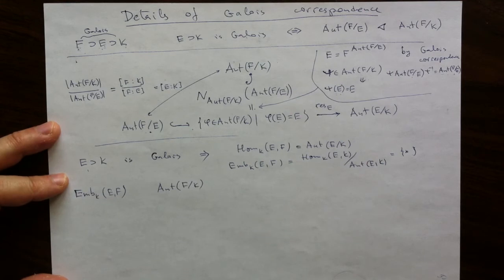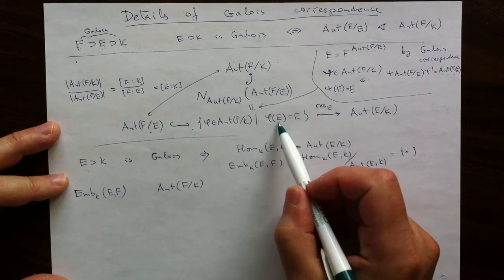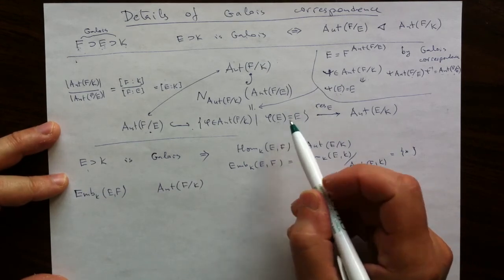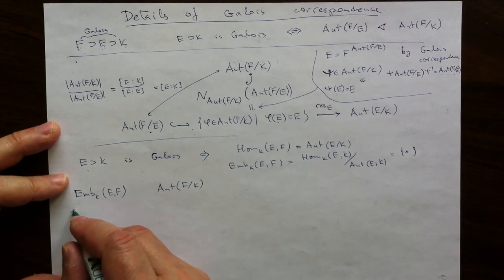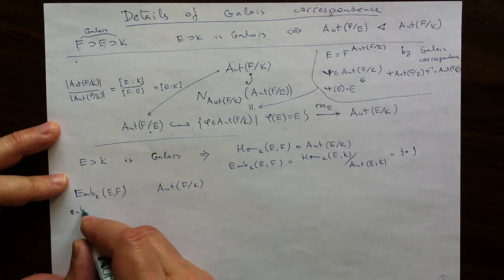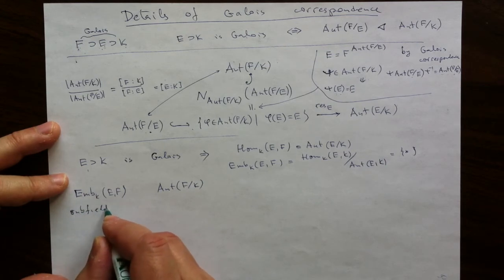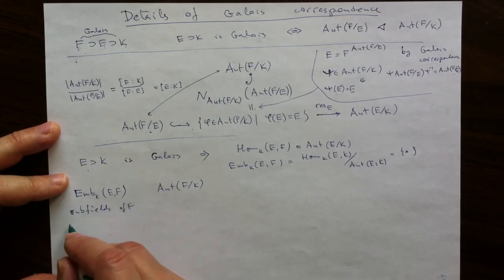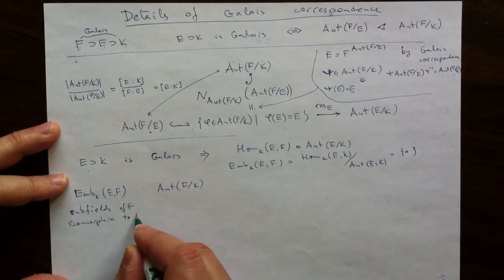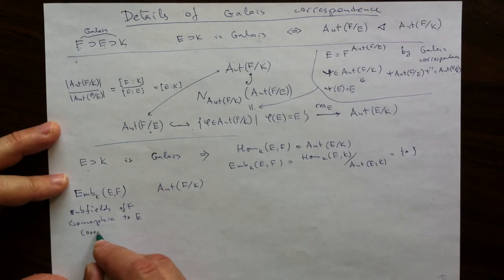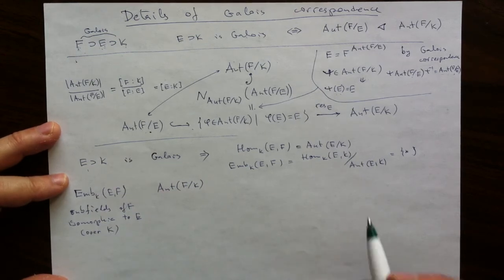And then we saw that our E is a subfield. So here the elements of this set are subfields of F isomorphic to E. Isomorphism is supposed to preserve the scalars from the base K.